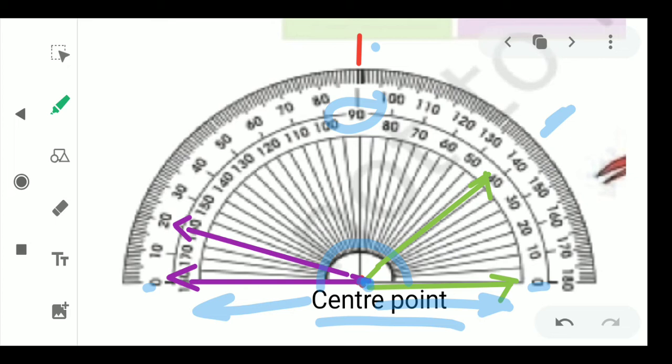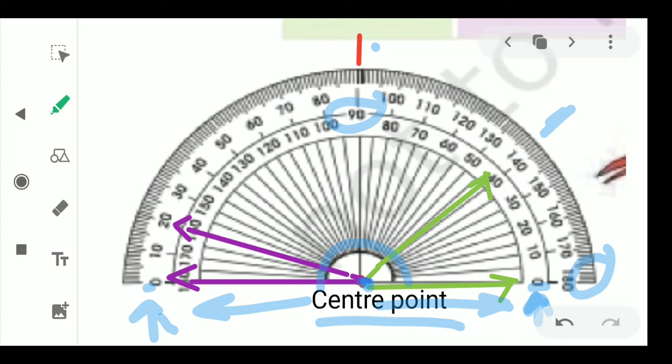There are small divisions all over the protractor. They are called degrees. These divisions are shown twice, one on the inner circle from 0 to 180 from the right side, and the other on the outer circle from 0 to 180 from the left side.